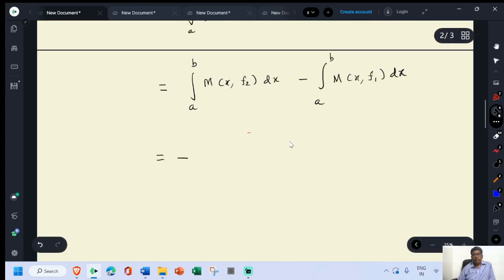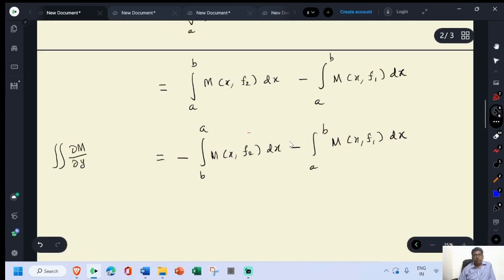Then this is modified as minus the integral from b to a of M(x, f2) dx, since the limits a to b are changed to b to a with a negative sign, minus the integral from a to b of M(x, f1) dx. The left hand side is the double integral of ∂M/∂y dx dy.